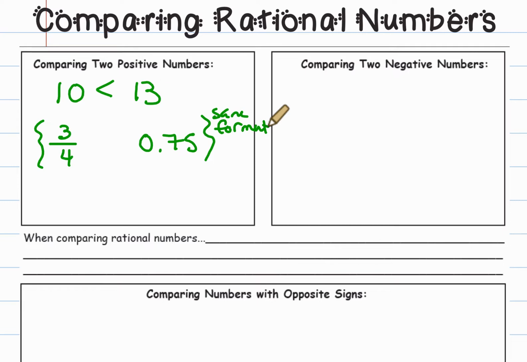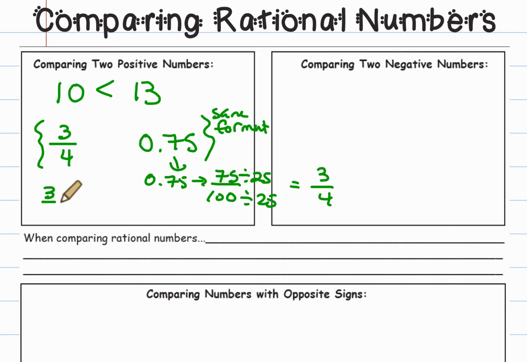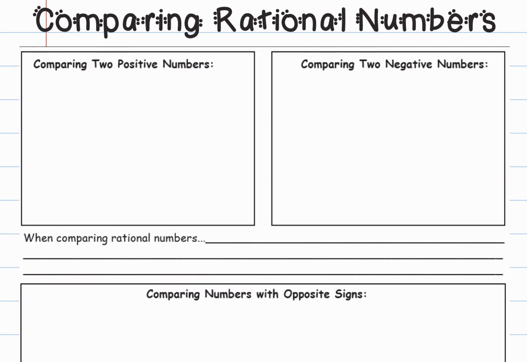We could take 75/100 and write it as a fraction using place value and then reduce. Well, 75 is divisible by 25 and so is 100. Therefore, I get 3/4. Now, if I'm comparing the two, I know that 3/4 is the same as 3/4.